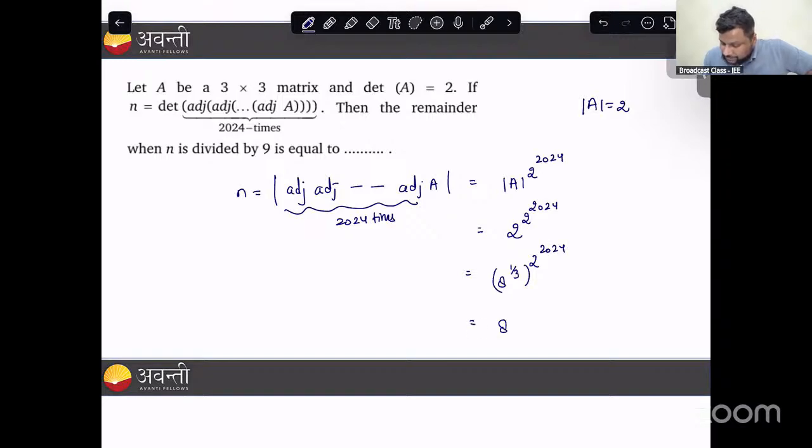That is 8 to the power 2 to the power 2024 upon 3. Yes or no? Now let us first of all analyze this.